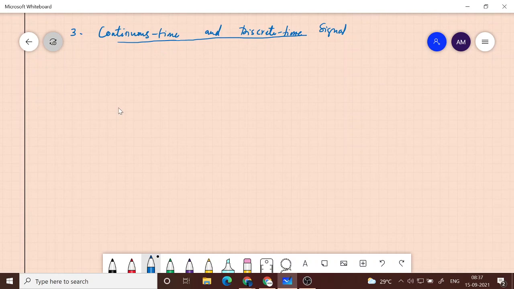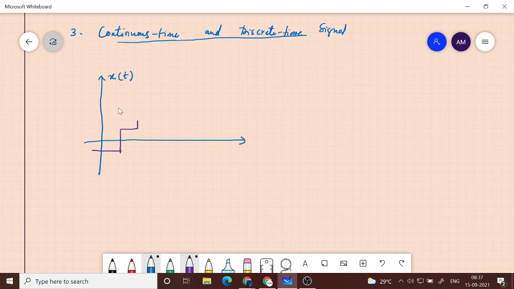So if the signal is defined for all values of time, it could be a digital signal also. Purposefully taking this example of a digital signal. So digital signals are restricted in amplitude, but when do we say that it is discrete time also?